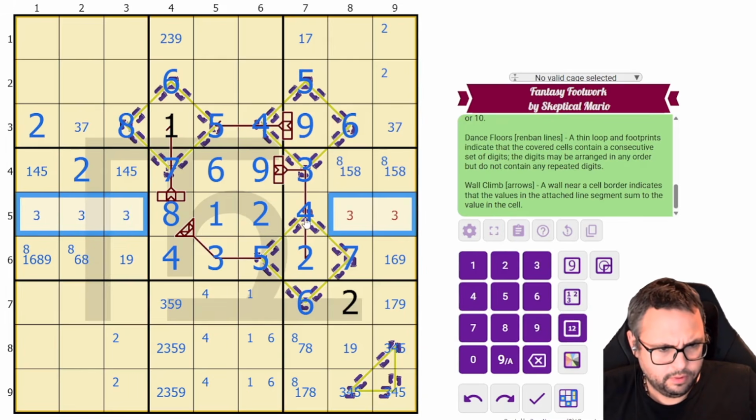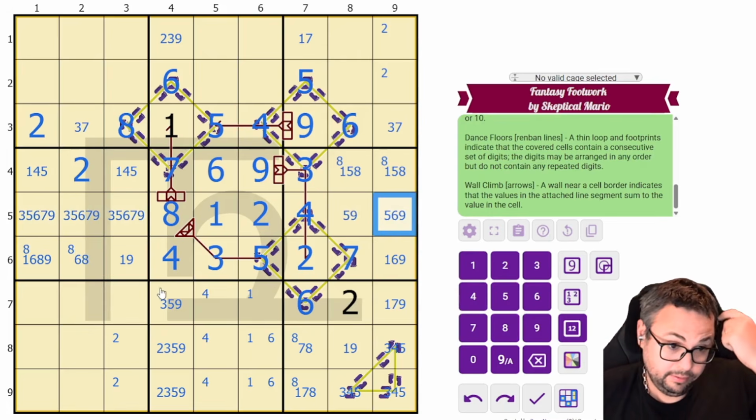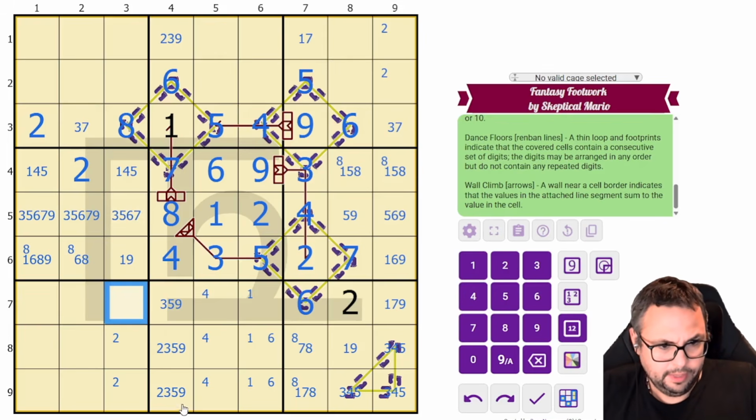3, 4, 8, and 9. Okay. Not 3, 6, or 7. Not 3 or 7. Can't be 9 going next to a 1, 9. Can't be 3 going next to a 2.